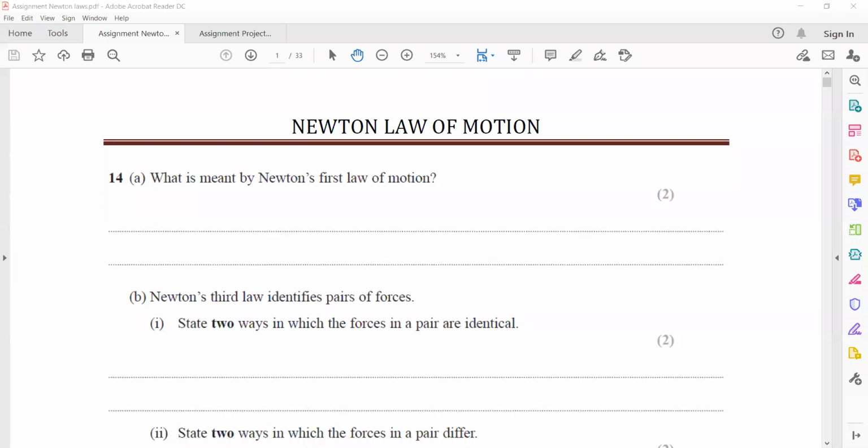This was the last week's homework, Newton's laws. First question, page 10.